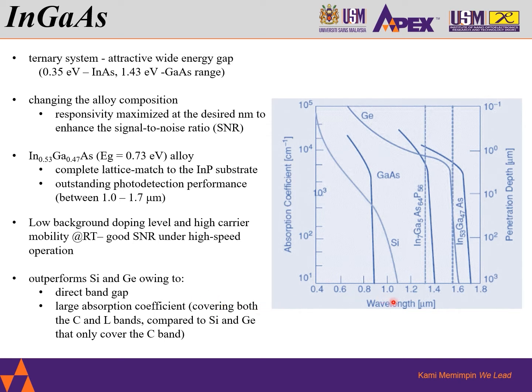You can see here the wavelength, absorption coefficient, and penetration depth for these different materials: silicon, germanium, gallium arsenide, indium gallium arsenide phosphide, and indium gallium arsenide. So they exceed the capability of silicon and germanium.